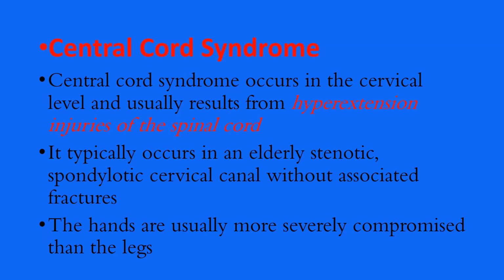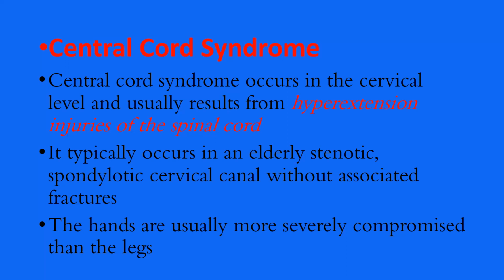This typically occurs in an elderly patient with a stenotic, spondylotic cervical canal without associated fractures. It's already stenotic, and the ligamentum flavum, the yellow ligament, is thickened also. So what happens?